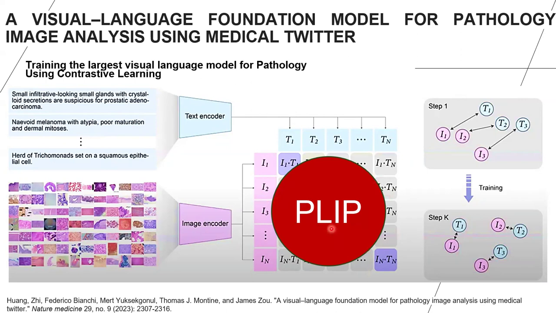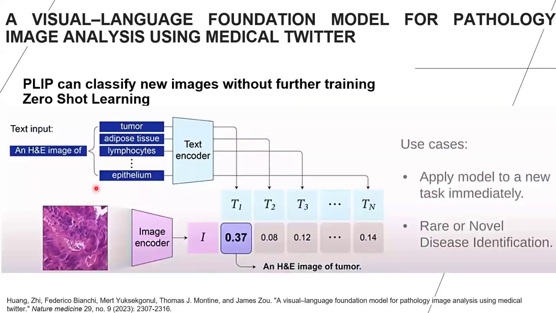How is it different from CLIP? It is based on pathology images and text obtained from books and Twitter or social media websites to give labels to these pathology cases. So PLIP can classify new images without further training.